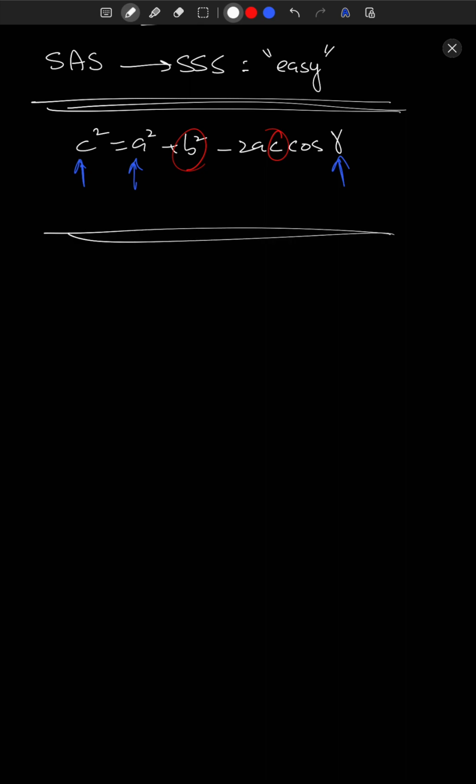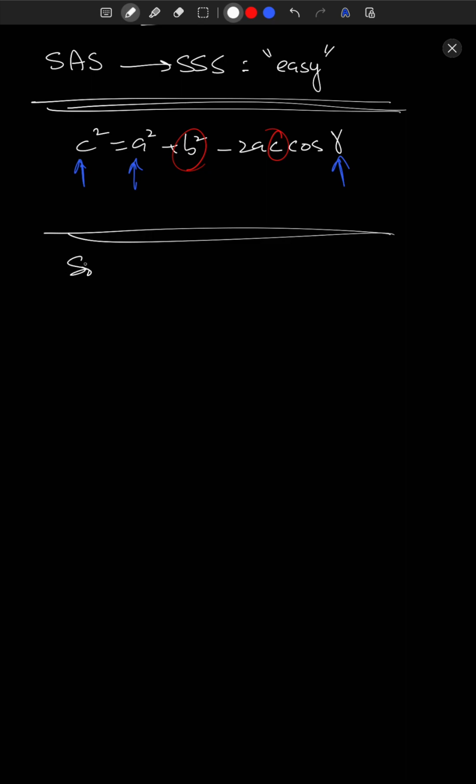Okay, let me do a couple numerical examples very quickly because again, this is quite straightforward, and then we're pretty much done. Except we'll talk about the SSA in this context of the law of cosines to see something interesting. All right, so let's do an SSS example.